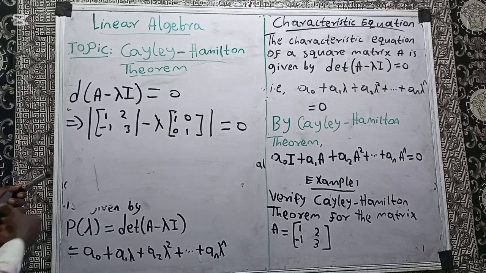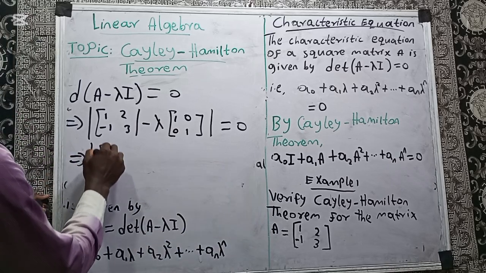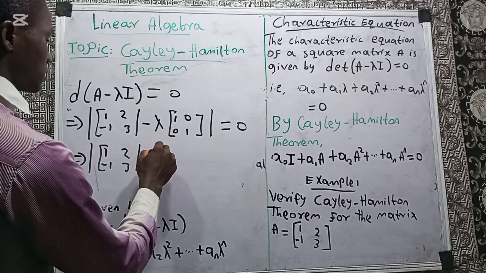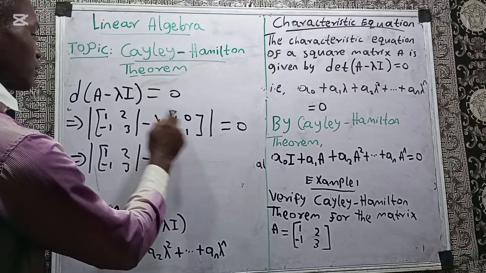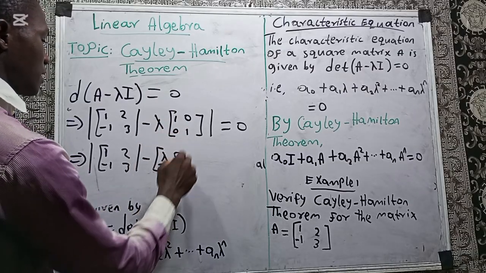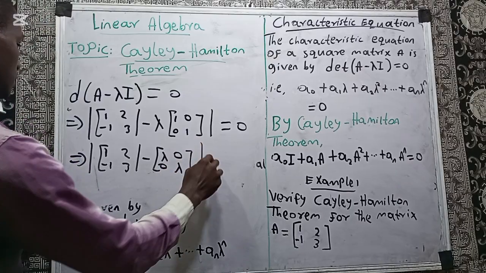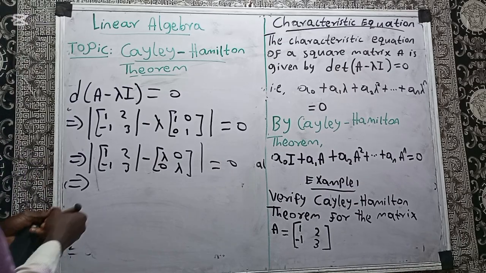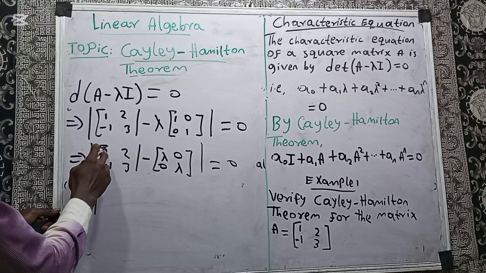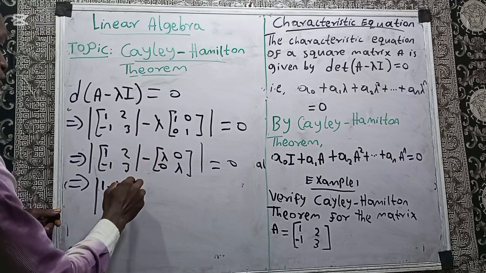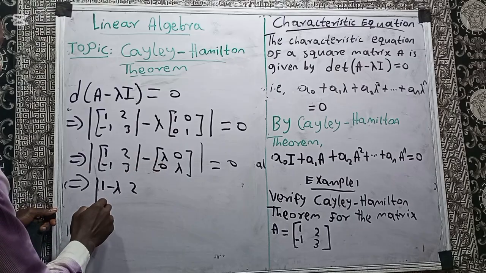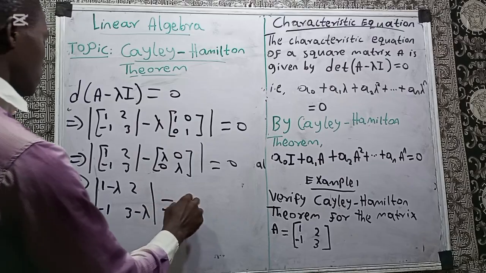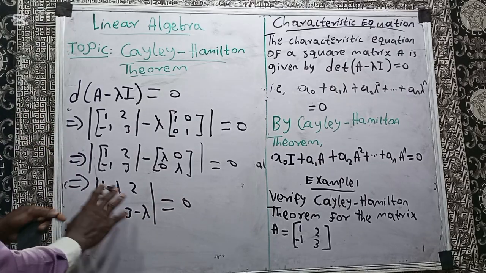So we have 1, 2, negative 1, 3 minus lambda times 1, 0, 0, 1, which gives the determinant of 1 minus lambda, 2 minus 0, which is 2, negative 1 minus 0, which is negative 1, and 3 minus lambda, equal to 0. This is a 2 by 2 matrix.